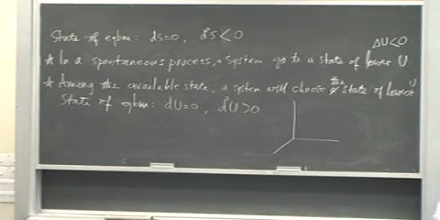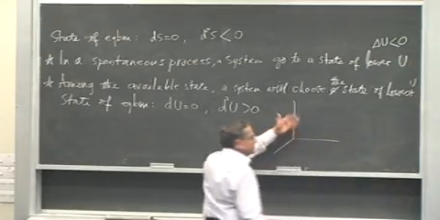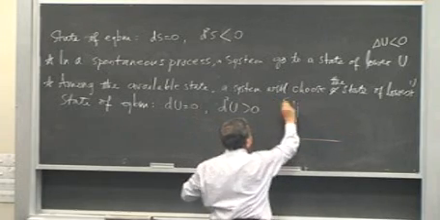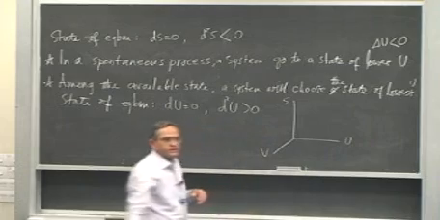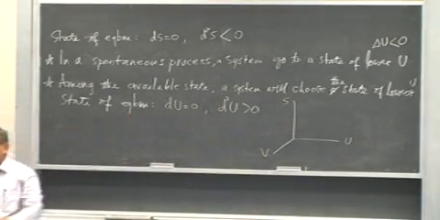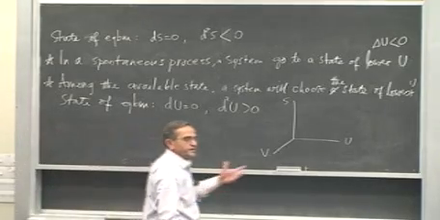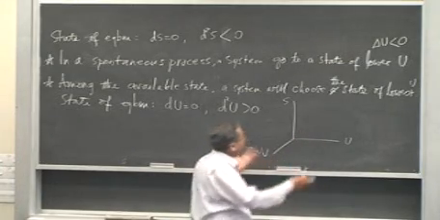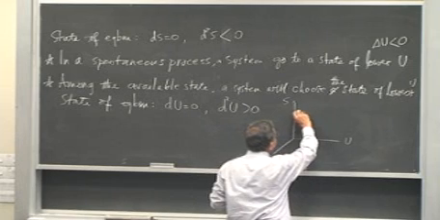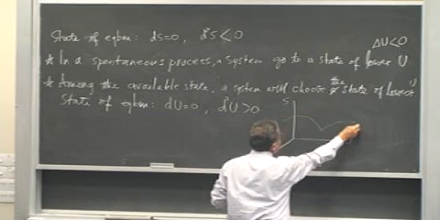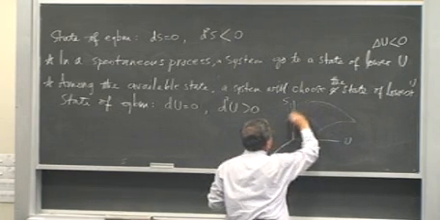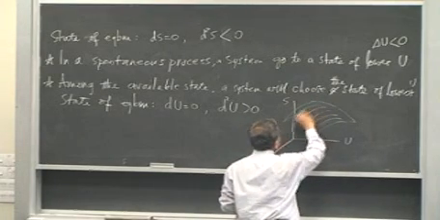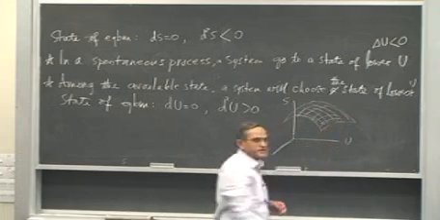Suppose I were to take this picture, and I can think of this as a space which has S and U and V. I can't make a 4-dimensional space, otherwise I would make a space with N as well. Now in this I can think of a surface, which I don't know how to draw, but suppose I were to create a surface of some kind over here, a surface in this space.